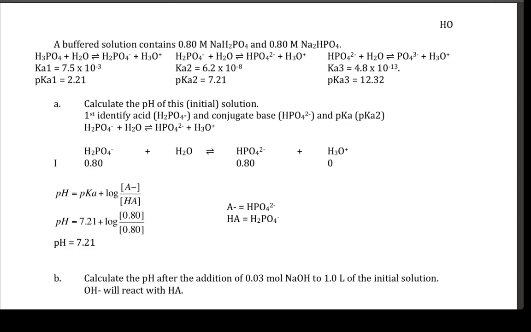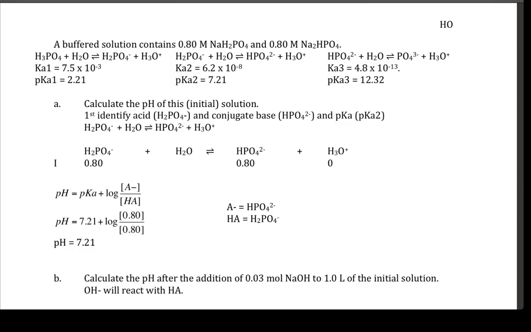Now, H2PO4 minus and HPO4 2 minus are parts, you might say, of phosphoric acid, H3PO4. So what we have here is the three-step acid dissociation reactions of phosphoric acid.